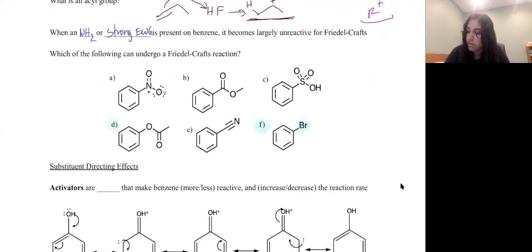D can also do it because this is an ester, but technically, since it's attached to the oxygen, it's going to work like an ether. It's going to count as an OR substituent, and that's going to be activating, because you have these lone pairs that go in and increase electron density.